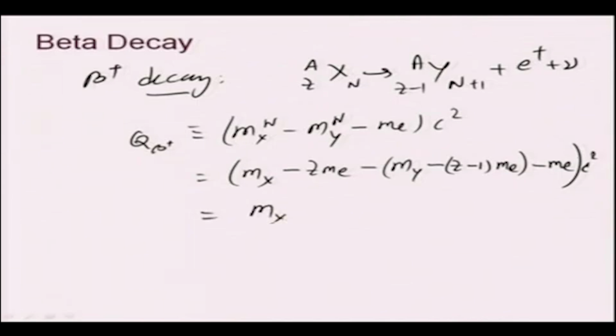This turns out to be mx minus my minus 2 me. Now, the masses of the electron do not cancel each other.